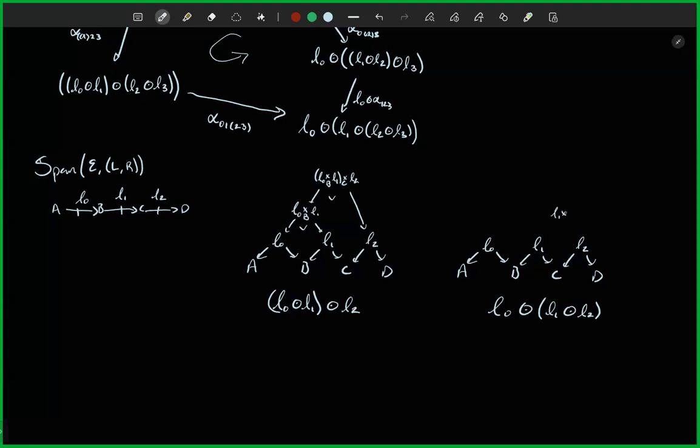We take L1 and we pull it back over C, L2. And then over here, we also pull the result back over C, over L naught, excuse me. Okay. So these will be the same.